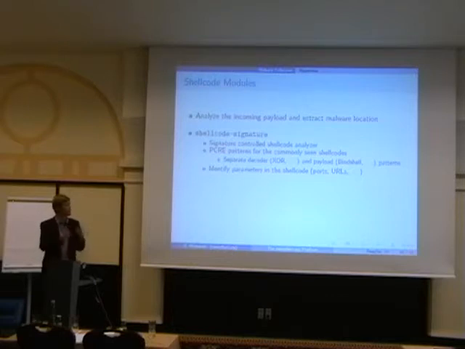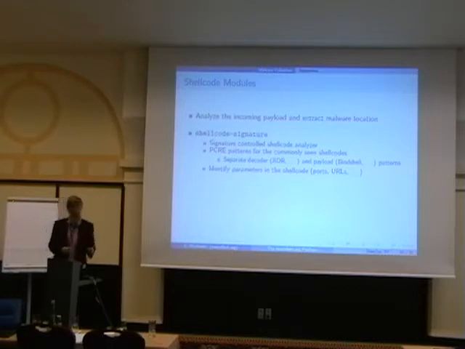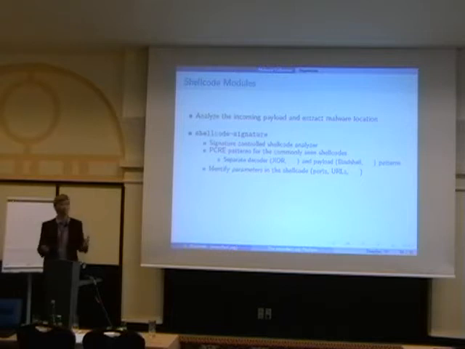Since patterns are separated into decoder patterns and payload patterns, it is really simple. With, I guess, about 40 different shellcode patterns, you can analyze all shellcodes that are out there in malware today for propagation. So that's sufficient.